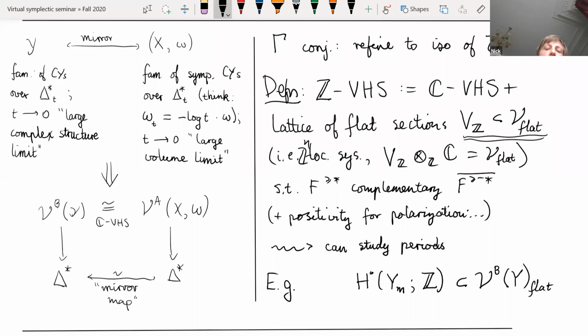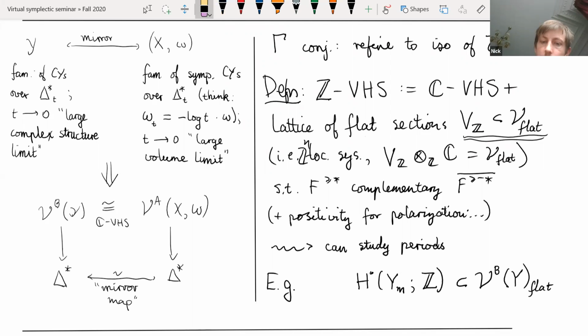And these are very interesting to study in arithmetic geometry and so on. So there are reasons why we care about this more refined structure. All right, so we have this very natural lattice on the B side.